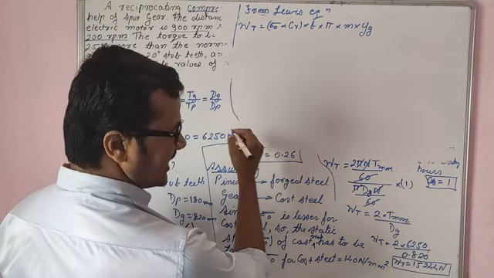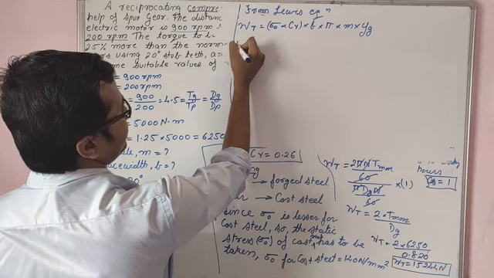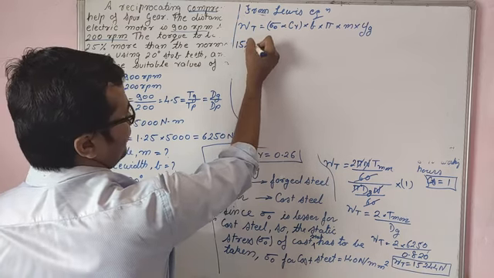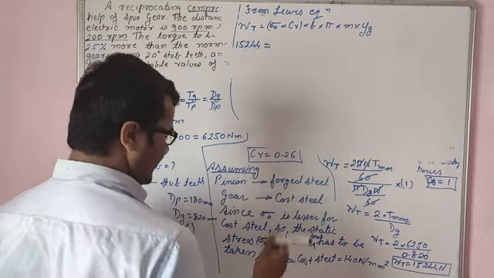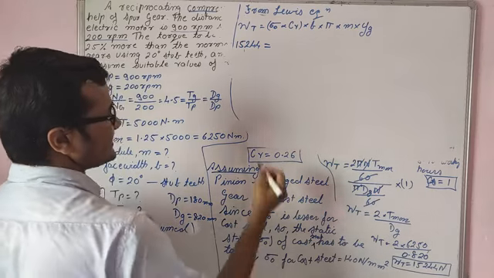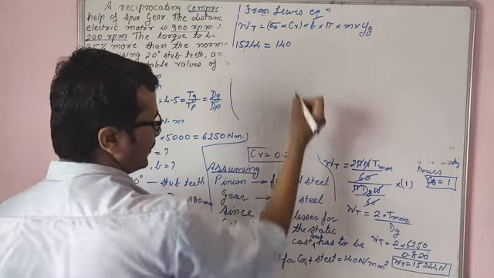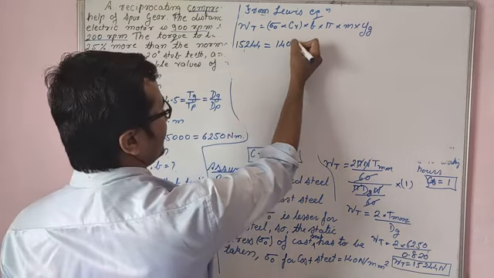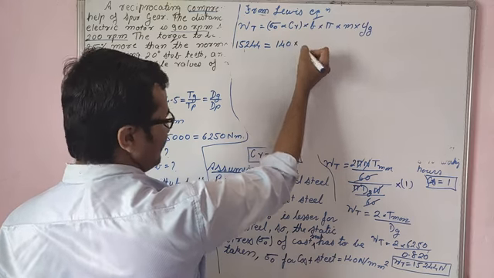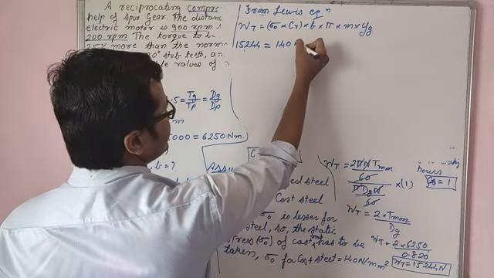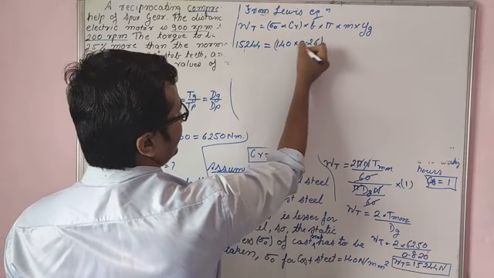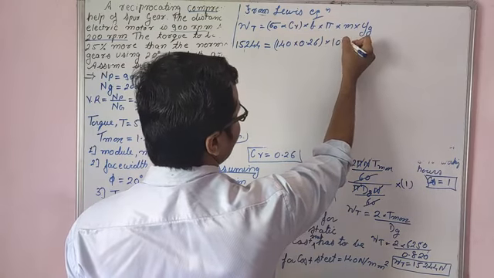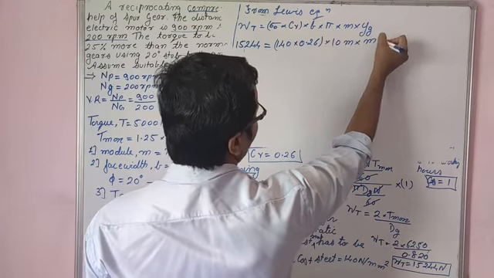We found Wt as 15244 Newton, equal to sigma 0, the static stress, which is 140 Newton per mm square, into Cv, the value of Cv is 0.26, into B, the face width, which we have assumed as 10 times module, so 10 into module, into yg.